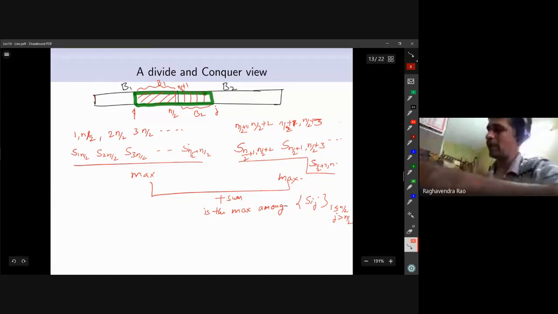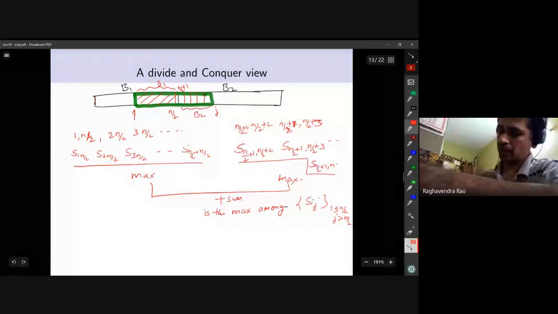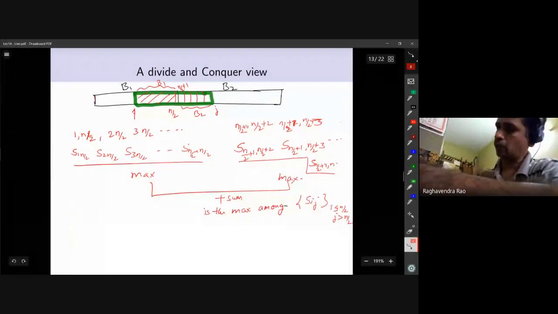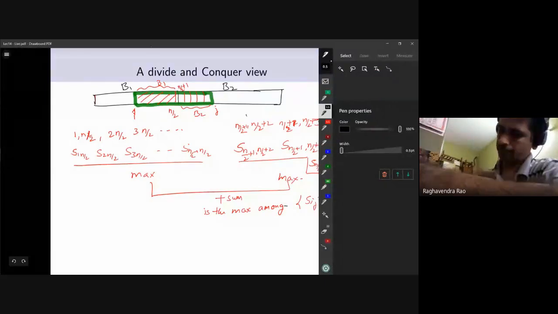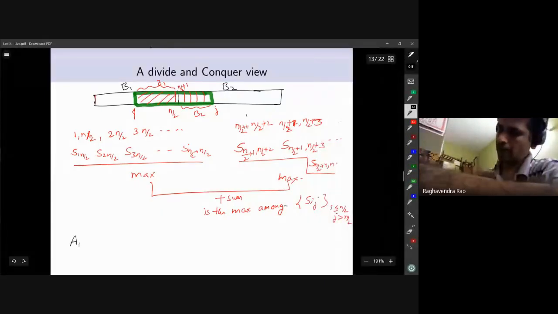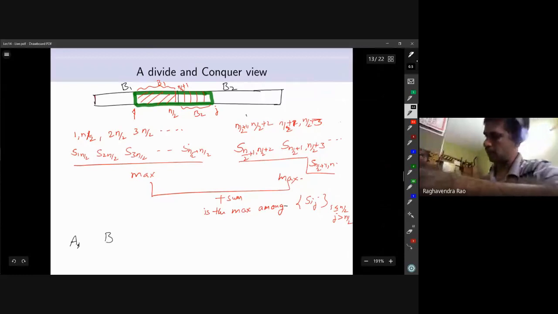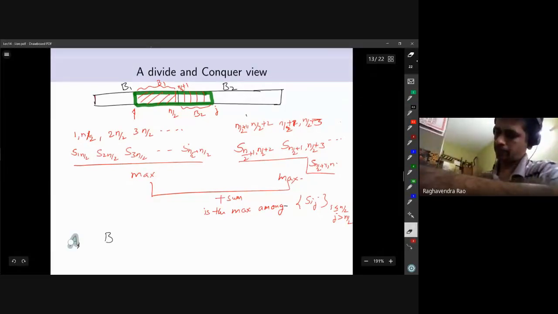So intuitively, if I have two sets of integer values, say A and B. Okay, A and B we have already used for arrays. Sorry, say C1 and C2.